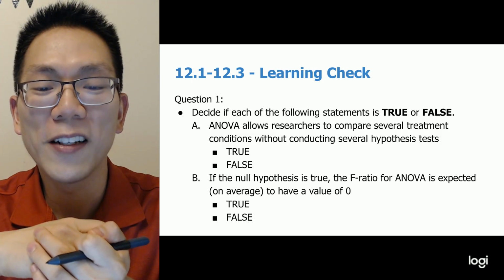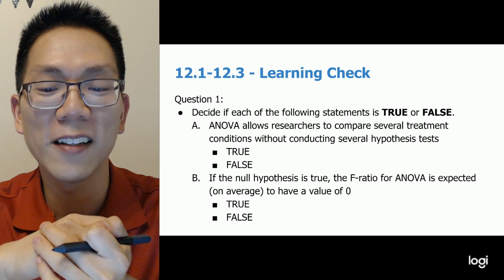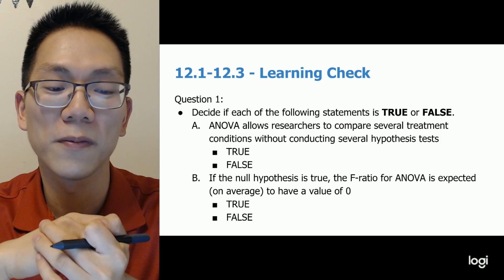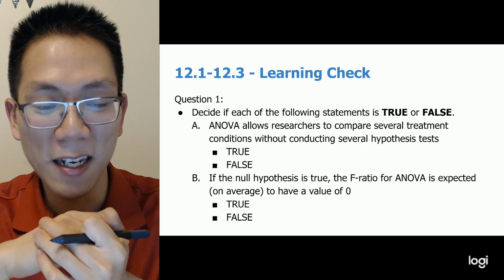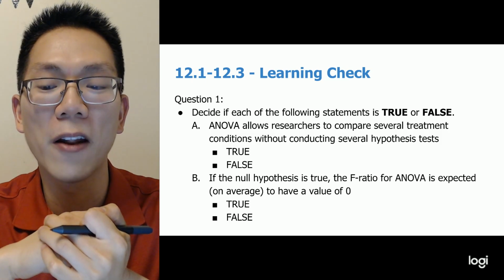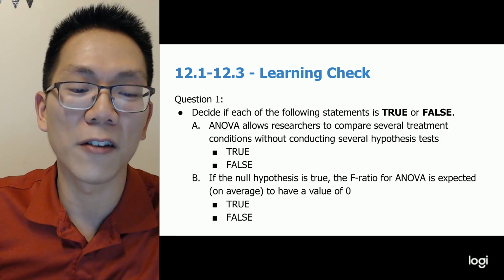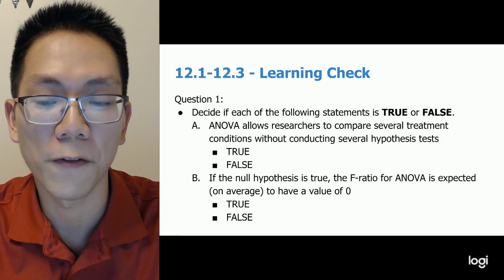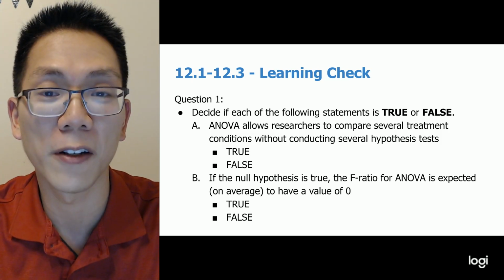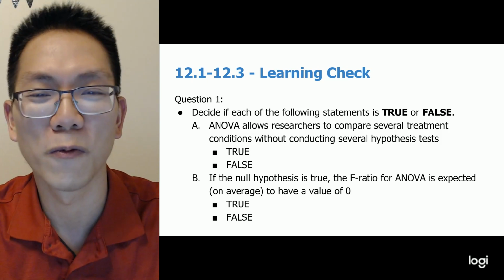ANOVA allows researchers to compare several treatment conditions without conducting several hypothesis tests. True or false? And B is, if the null hypothesis is true, then the F ratio for ANOVA is expected, on average, to have a value of 0. True or false? You can pause the video now if you like, if you're following along in real time while watching this, and write down your answers.